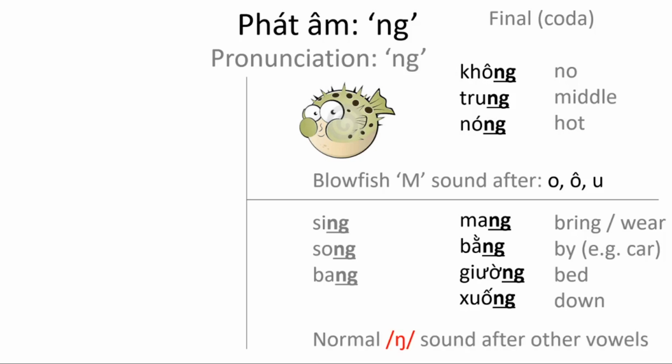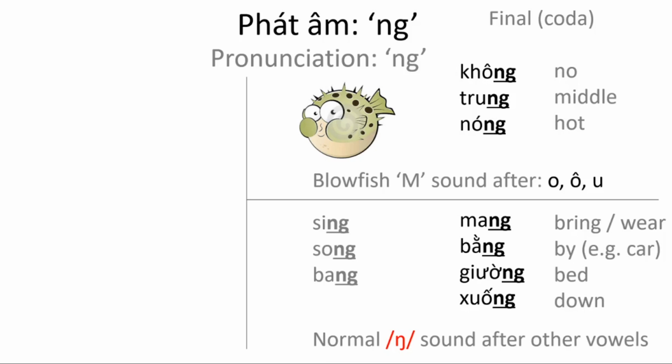After any other vowel, this is pronounced nga. You might think, well, with suống, meaning down, that it should be a blowfish M sound because it's following the o vowel. But this is actually a digraph. It's two vowel sounds, u, ô, suống. And in these cases, it's just pronounced the same as in English.